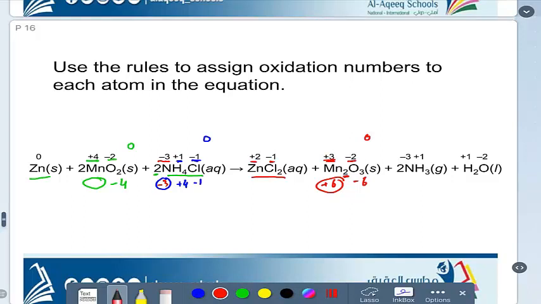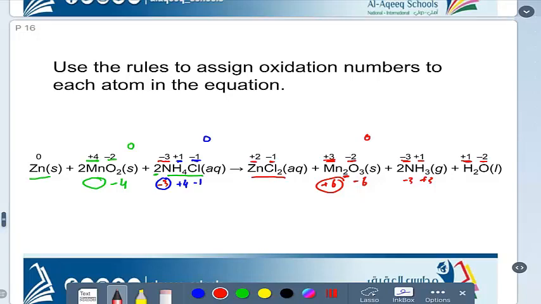NH3 is a compound, ammonia, and has H +1 times 3, +3 here, and nitrogen must be -3 to make the overall charge 0. The last one, which is water, oxygen is -2 and hydrogen +1, we know that, times 2, +2, but each one has the value of oxidation number +1.